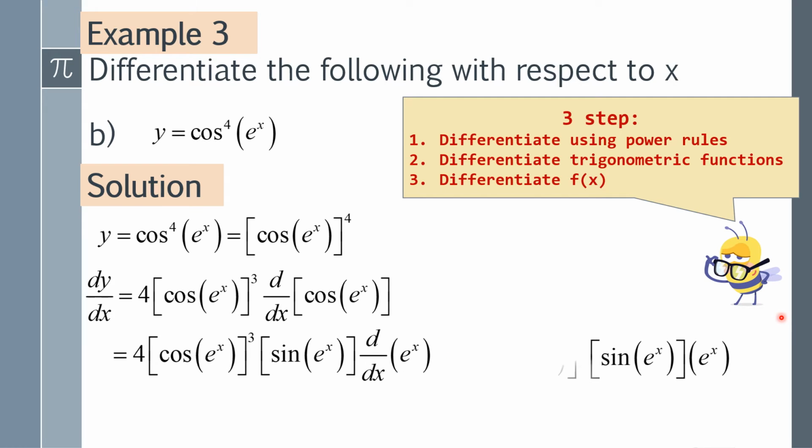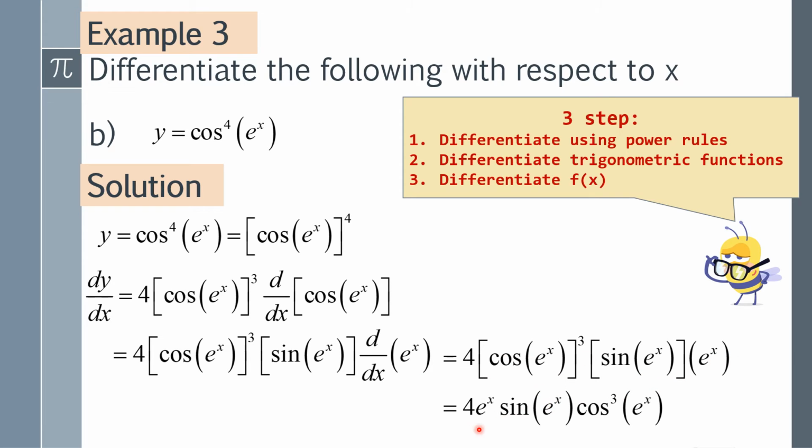Thus, we have 4 cos e^x to the power of 3, this one using the power rule, and then sin e^x, this one we differentiate the trigonometric function. Then e^x here we differentiate f(x). So rearrange this, then we get 4e^x sin e^x cos to the power of 3 e^x.